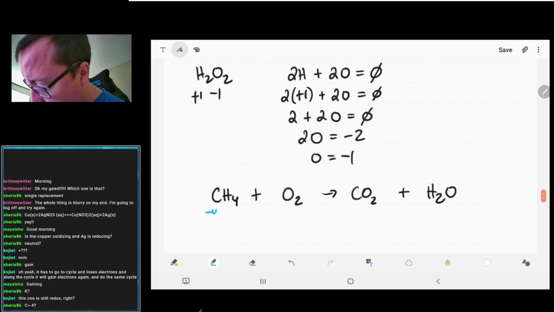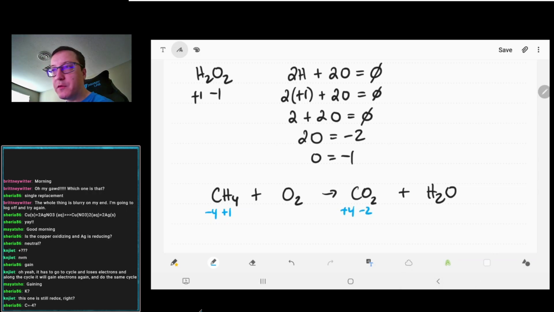We saw that we had these for methane. We had those for CO2, and then for water, we had those too. What is the oxidation number of oxygen going to be in oxygen gas? What's the one that's missing here?